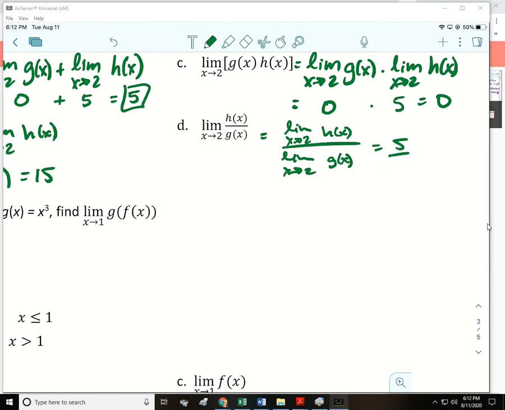And so we get 5 divided by 0. So because you're dividing by 0, this limit does not exist.